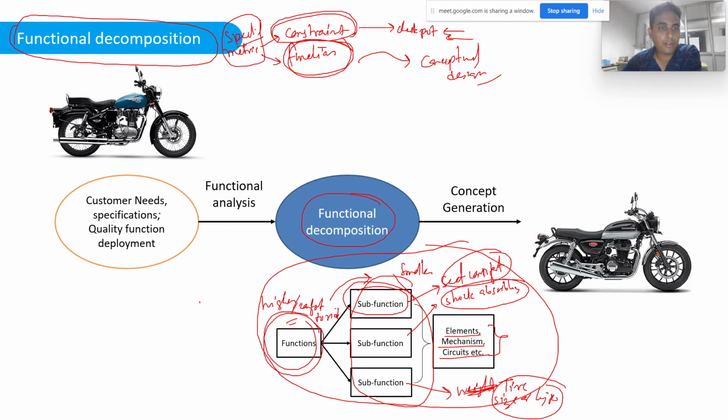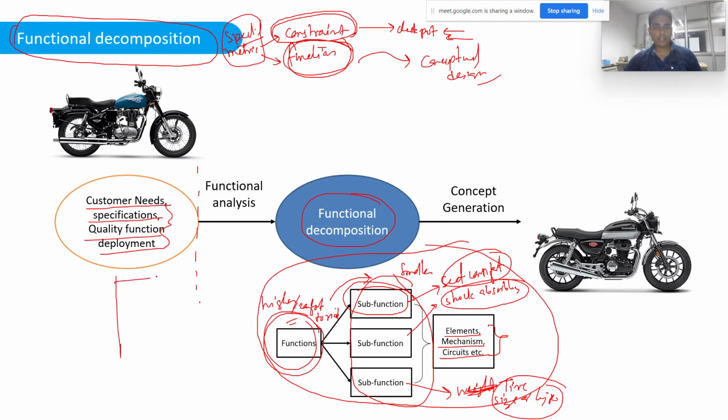The figure here represents that what we did previously was customer need analysis. Then we arrived at specifications based on benchmarking, then various competitive values, and then ideal and marginal values. Then we did a quality function deployment to understand which specifications are important to satisfy customer requirements.